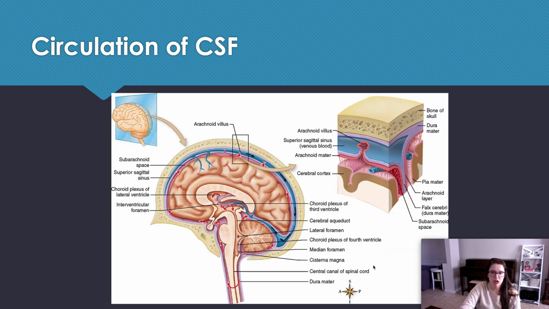So here is our circulation image. As you can see, we've got arrows going all over. Right where my mouse is, this is our fourth ventricle. We have a choroid plexus here. So the choroid plexus in the fourth ventricle is going to be a producer of CSF.